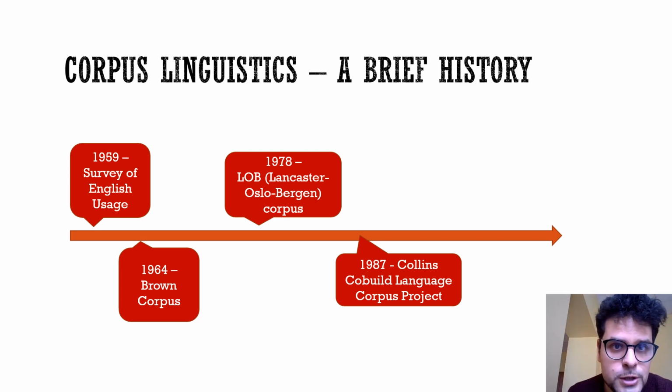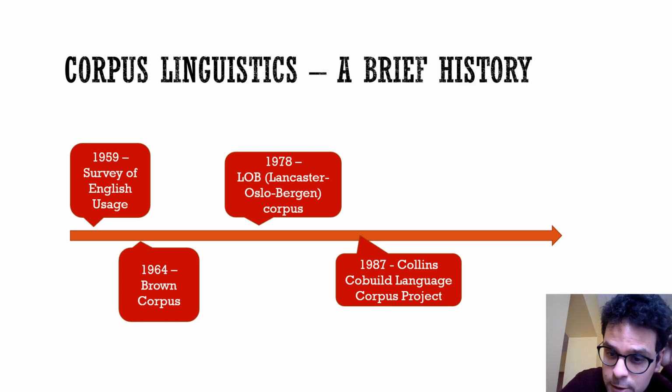Now I'm going to finish this presentation with a brief history of corpus linguistics, a few corpora that have been developed in the past more than 50 years. Actually 60 years, time flies.